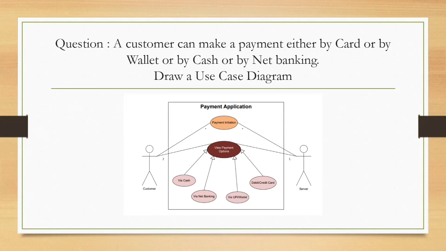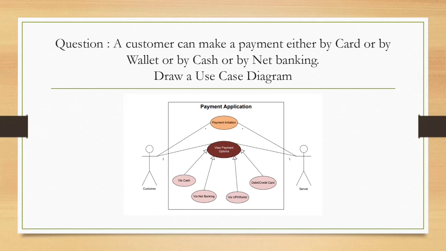Here they asked about the payment. The payment can be done using COD, cash on delivery, or net banking, or UPI or wallet, and the next one is cards, debit or credit.